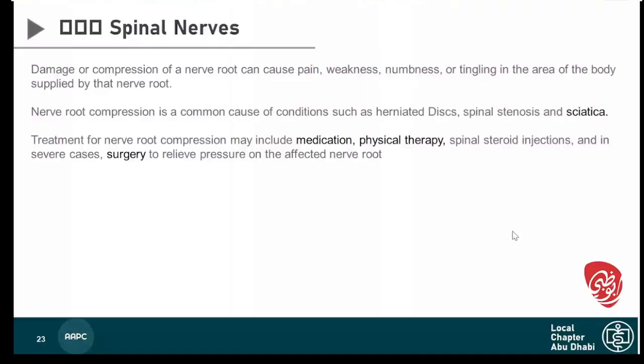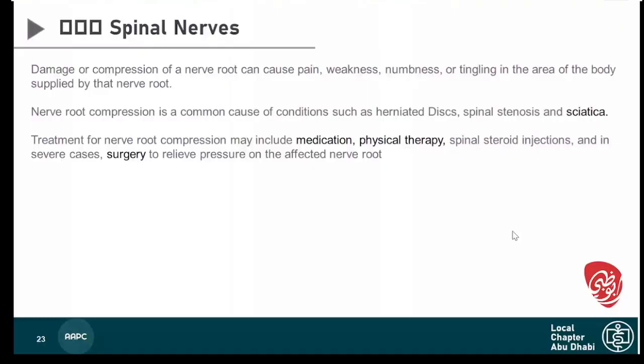Nerve root compression is a common cause of conditions such as herniated disc, spinal stenosis, sciatica, etc. Because a herniated disc and spinal stenosis, which means narrowing of the spinal canal, will cause the nerve root to compress.